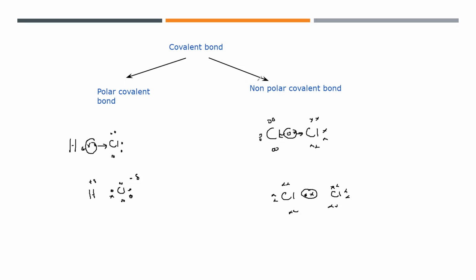A covalent bond is formed by sharing of electrons. In a polar bond, when two different atoms are there, one atom attracts the bond pair more than the other.